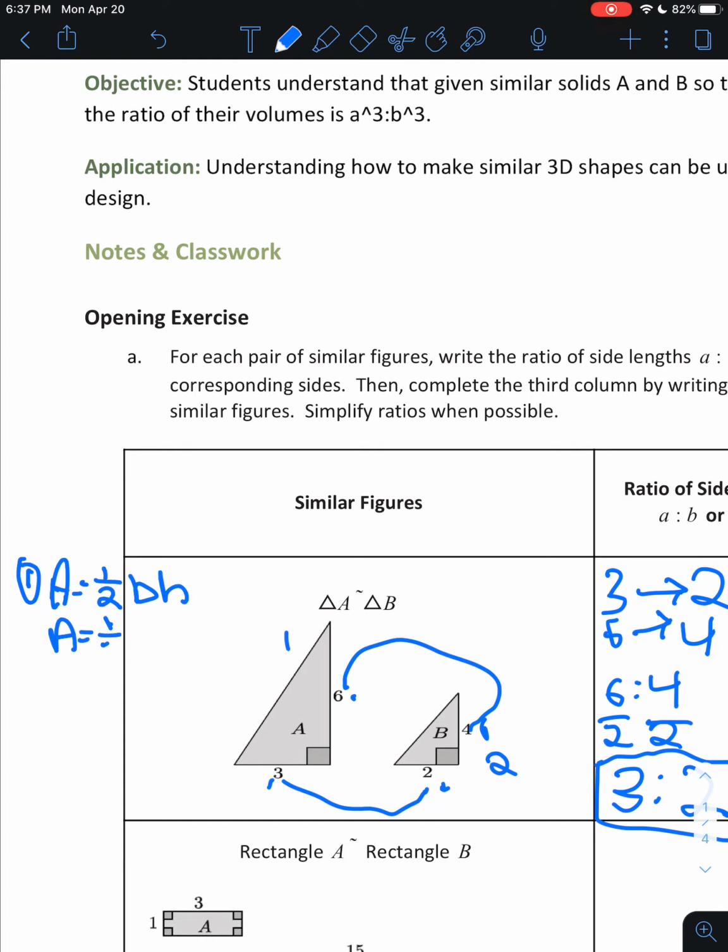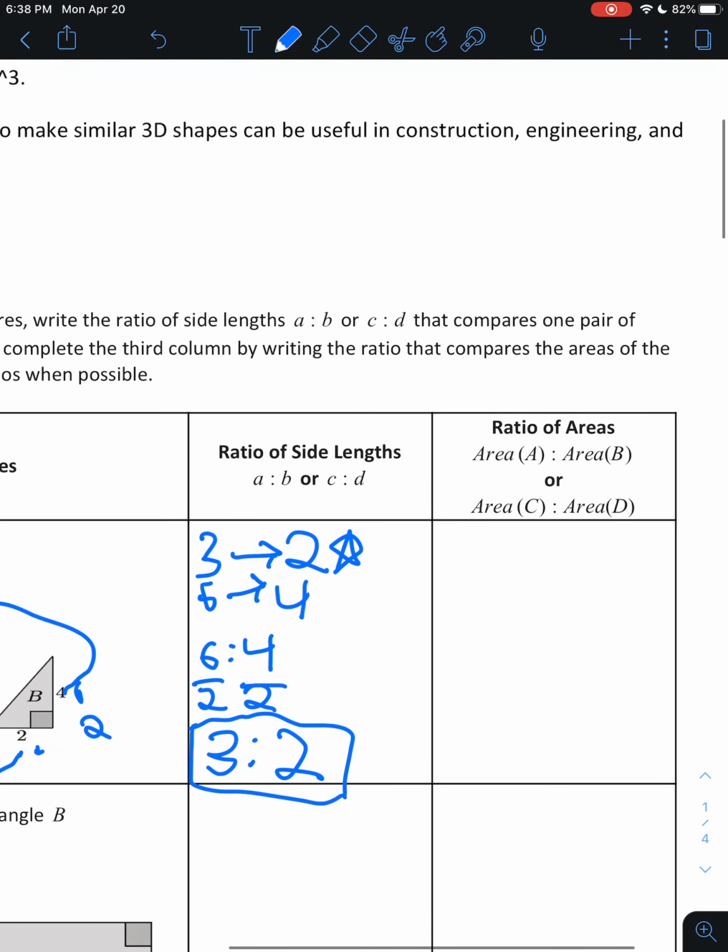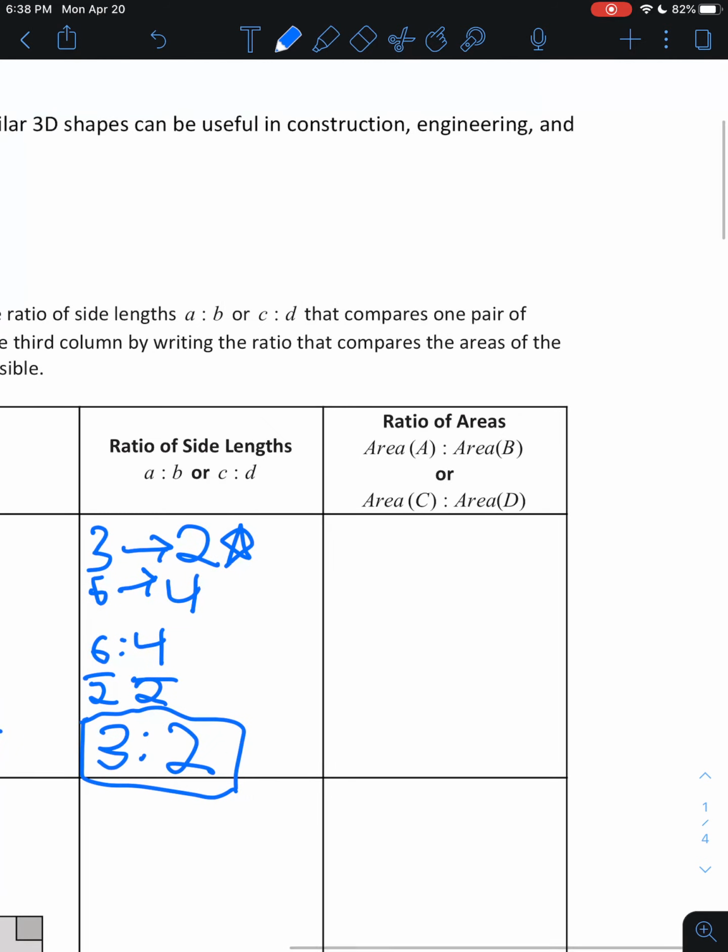So then these are our two areas, right? This one up top, and then the area down here. So 9 and 4. So if we go back over here, we have our area ratio is 9 to 4.